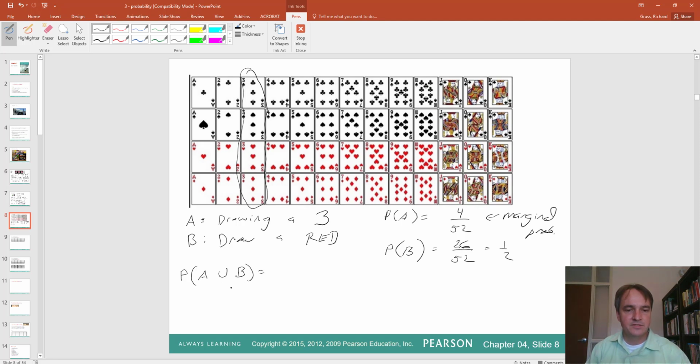We've got a situation where we can have a card that is both a 3 and red. There are 2 of those. So not having mutual exclusivity anymore means that we can't just use that simple addition rule anymore, probability of A plus probability of B. So we have to figure out, well, how do we figure out this particular joint probability?